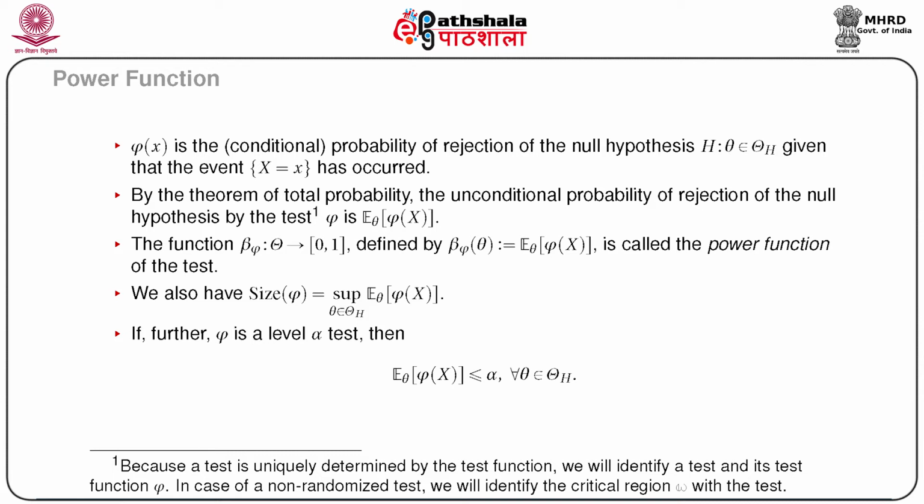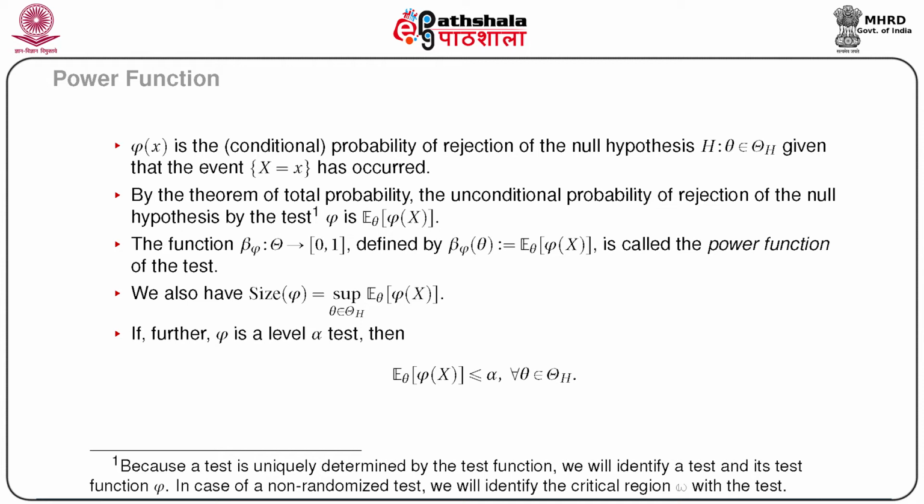We have seen that a randomized test phi(x) is the probability of rejection of H when x is observed, and hence the unconditional probability of rejection of H is the integral over script X of phi(x) p(x, theta) dx, where p(x, theta) is the joint distribution of x, and therefore it is equal to the expected value of phi(X) under theta, where theta belongs to script Theta.